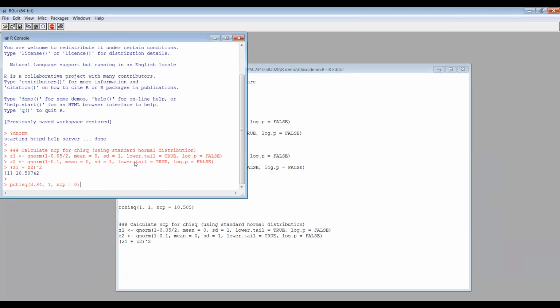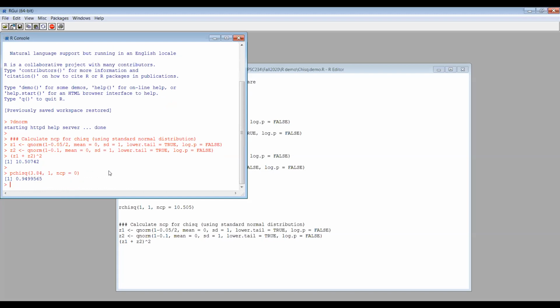Suppose you want to calculate the probability of the chi-square distribution when the chi-square statistic equals 3.884, and the degree of freedom equals 1. And this is a central distribution. What does that mean? The area on the left-hand side.